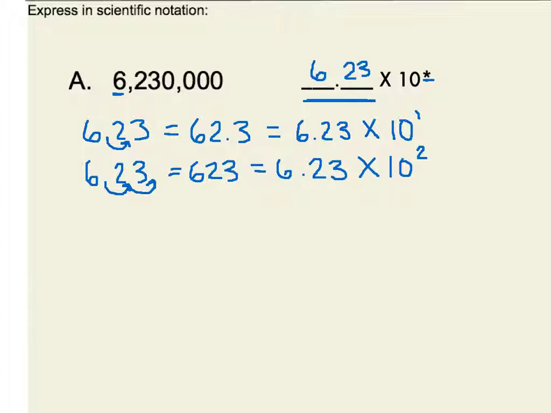This isn't a game of guess and check, though, and so to figure out what I must multiply 6.23 by, in my case, I'm going to go back up to my starting number. I'm going to place the decimal where it's found in the coefficient, then also identify where it's found in my original number.